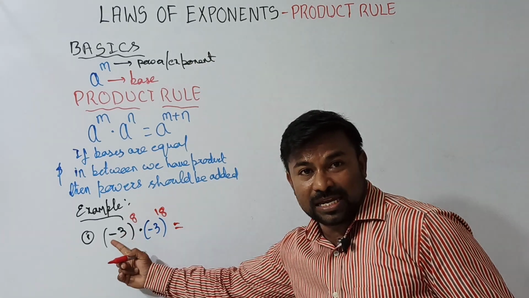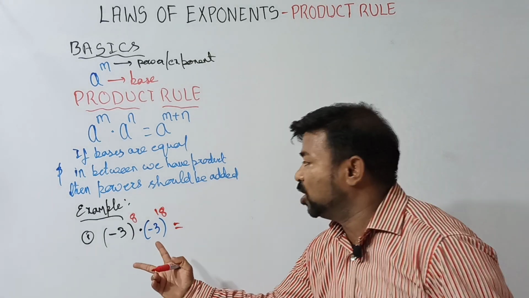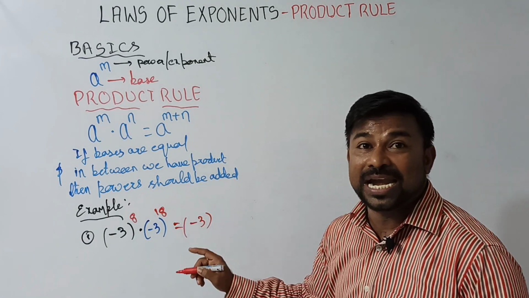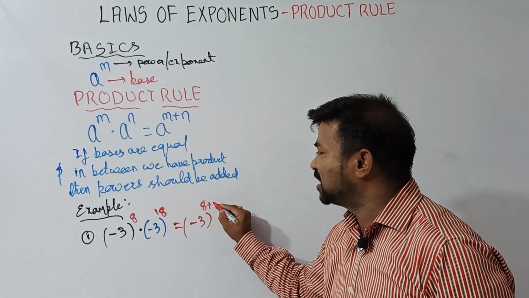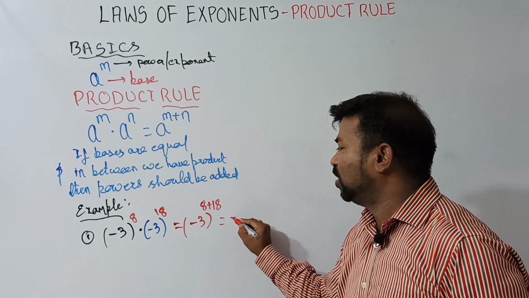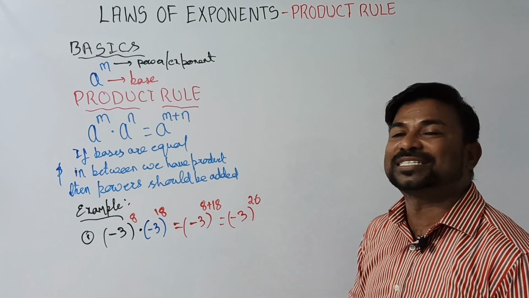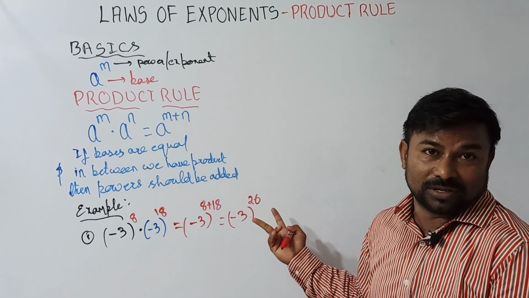Now, bases are equal, and in between a product is there. Then, as I said, no need to write it two times. You write only one time, and the powers should be added. 8 plus 18 equals (-3) to the power 26. Same sign, sum them and keep the same sign. That's the logic here.